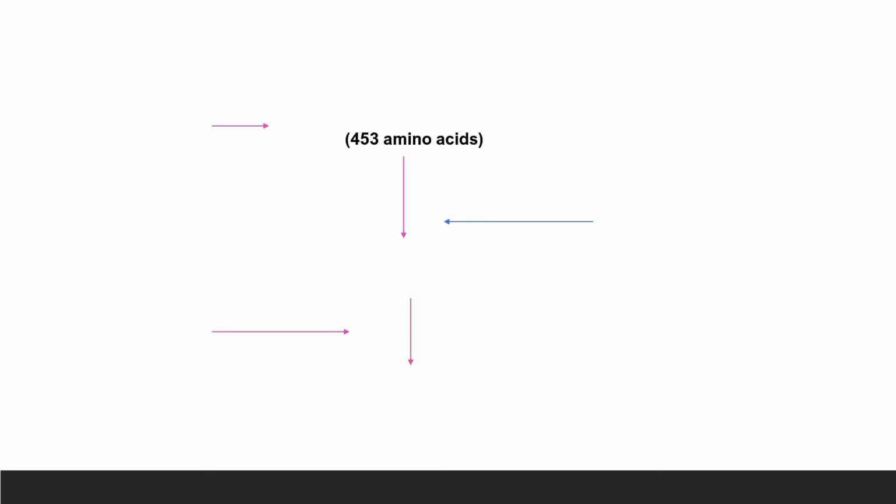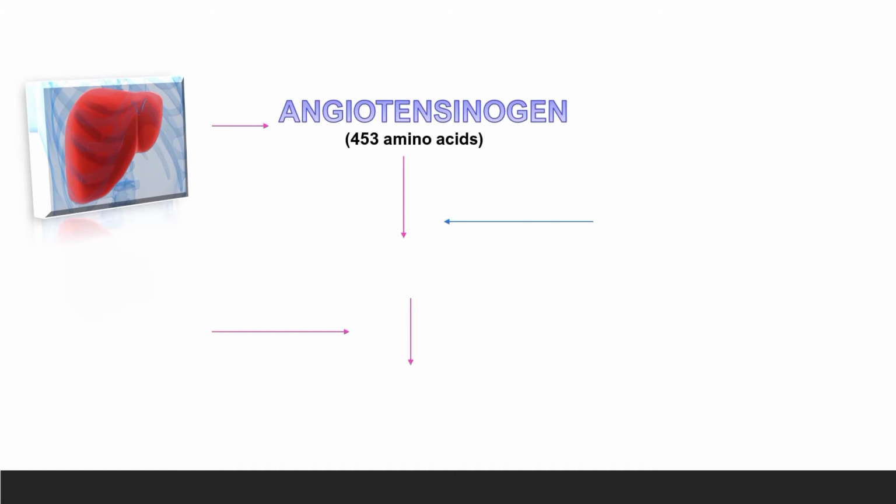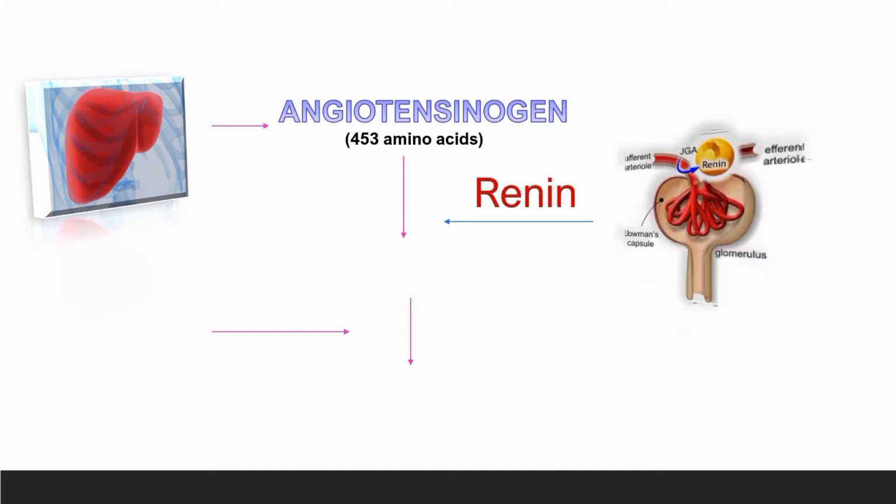Moving on to how renin participates in this mechanism: angiotensinogen, a 453 amino acid alpha globulin, is the precursor molecule of angiotensin 2 and the substrate for renin. This angiotensinogen, released from the liver, is converted into angiotensin 1, of 10 amino acids, by the help of renin.